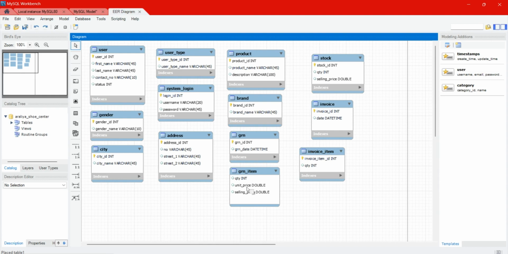When you come to these two columns, unit price and selling price, we have given the data type as double. This data type helps us to keep decimal values.